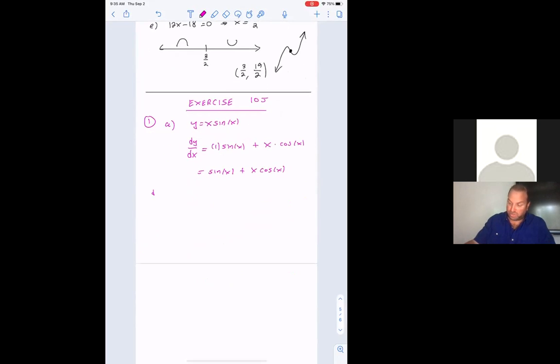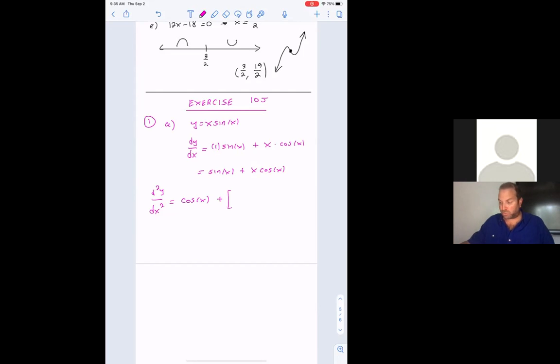And now we want the second derivative. Well, the second derivative is the derivative of the derivative. Here we have a plus, sine of x plus x cosine of x. We know when there's a plus, you do each one separately. So the derivative of sine of x is immediately just cosine of x, plus, what's the derivative of x cosine of x? Well, what rule do I use there? That's a product.